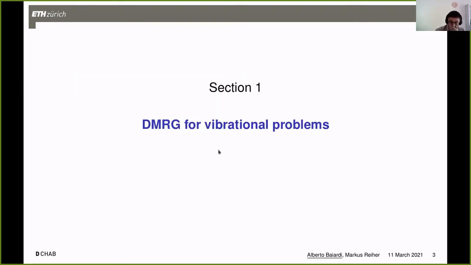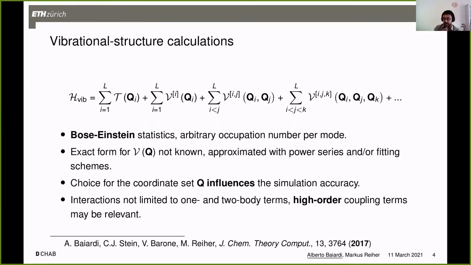And so, starting from the first part, the vibrational problems, let me highlight what I mean by vibrational problems. I mean solving the vibrational Schrödinger equation within the Born-Oppenheimer approximation, which means determining vibrational wave functions and energies of molecular systems, including anharmonic coupling.